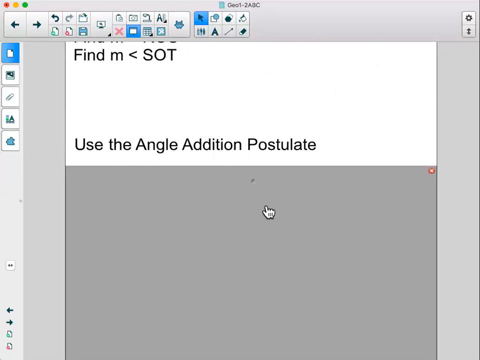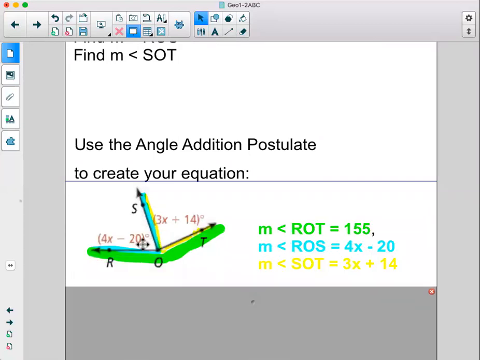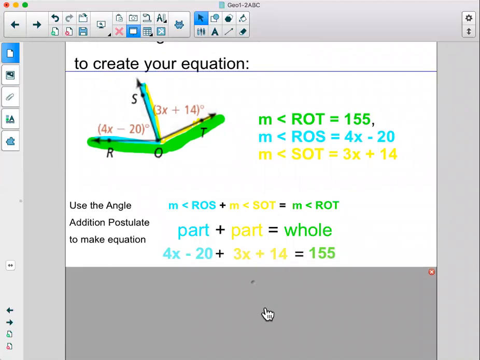So we use the angle addition postulate to create our equation. Part plus part equals the whole. And then we used our geometry truth to create an equation, and now we use our algebra skills to solve.